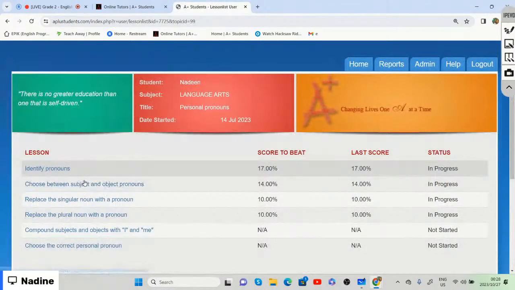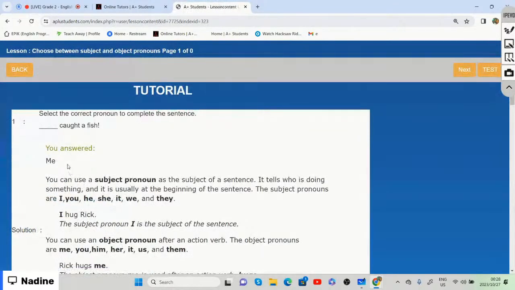All right, so now we're going to choose between subject and object pronouns. We said a subject pronoun is the subject of a sentence and it tells us who is doing something, and it usually is at the beginning of a sentence. The subject pronouns are you, I, he, she, it, we, and they.